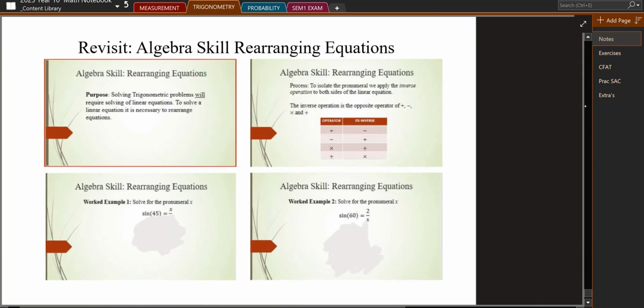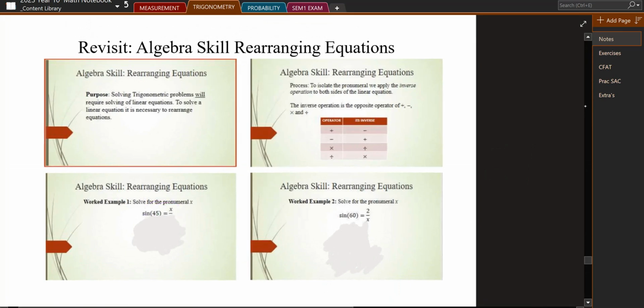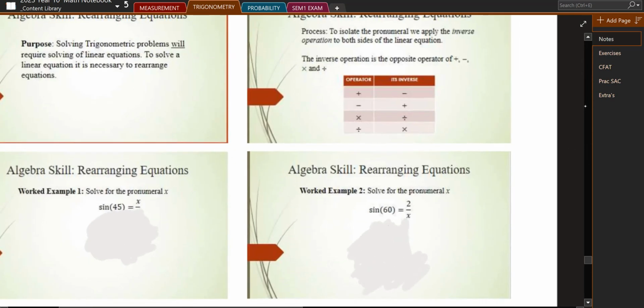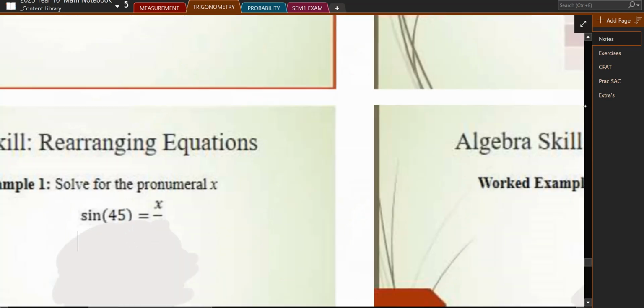How we have these unknowns to figure out, how do we then isolate and figure out what the x is in these questions.